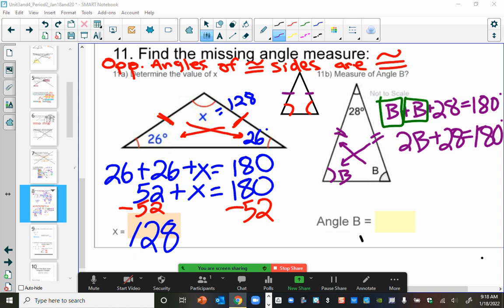So remember, to solve for B, two steps. I'll give you all about another minute.